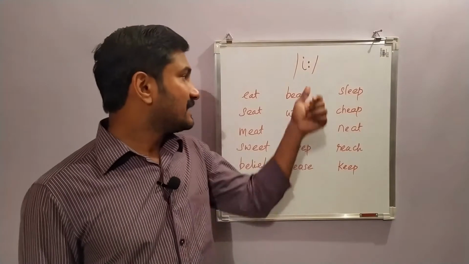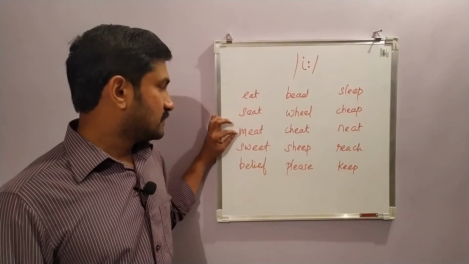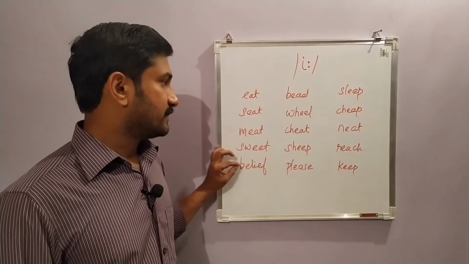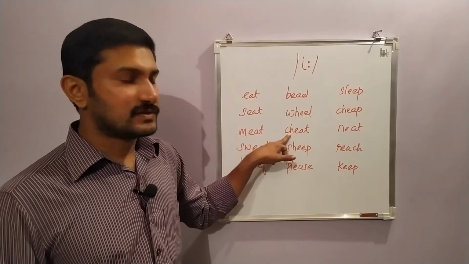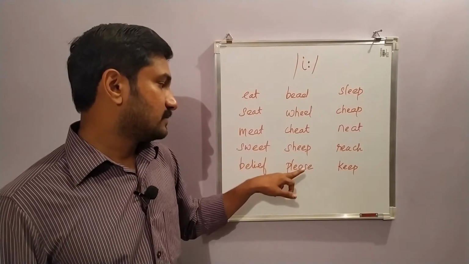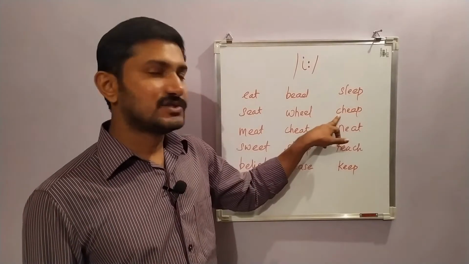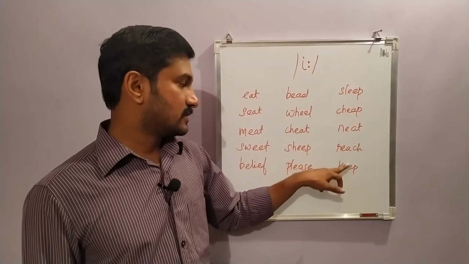The long vowel E sound as in eat, seat, meat, sweet, belief, beat, wheel, cheat, sheep, please, sleep, cheap, neat, reach, keep.